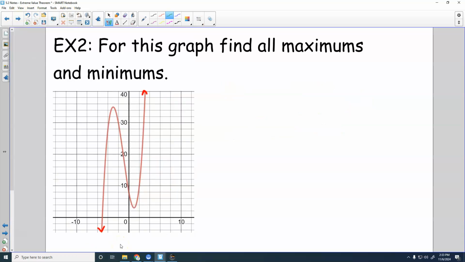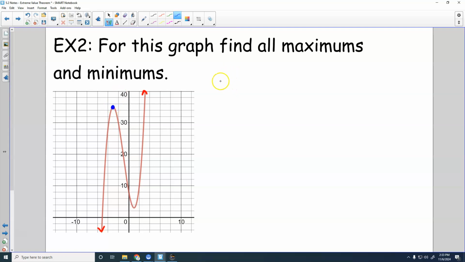Okay? Now, this one, we might have to estimate a little bit here too because my graph's not perfect. What do I have on this one? I have local minimum and maximum, right? I have a local maximum.